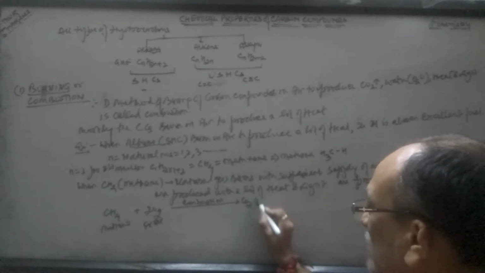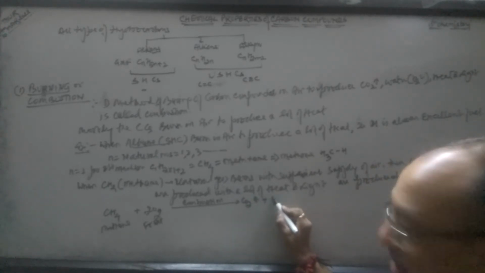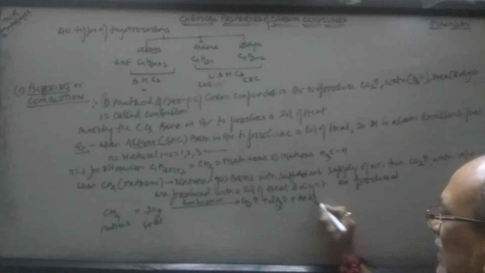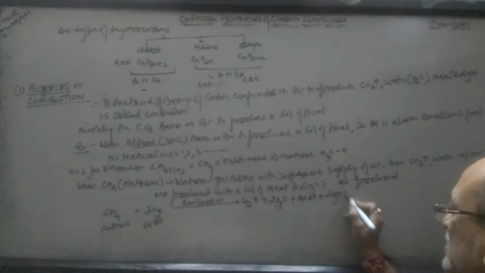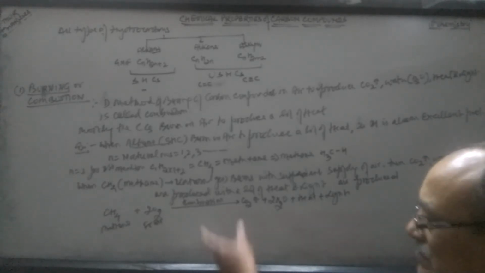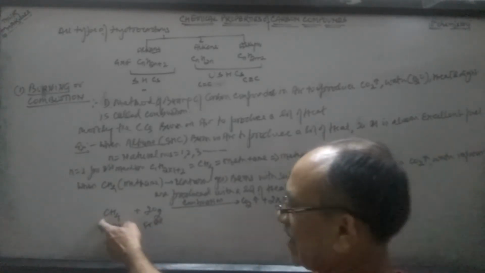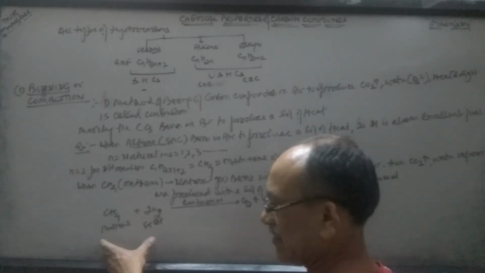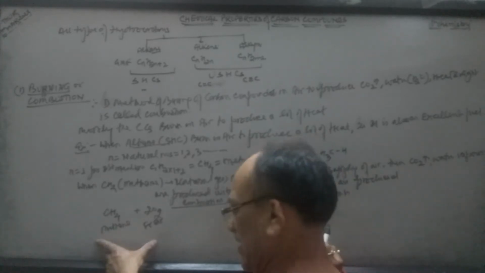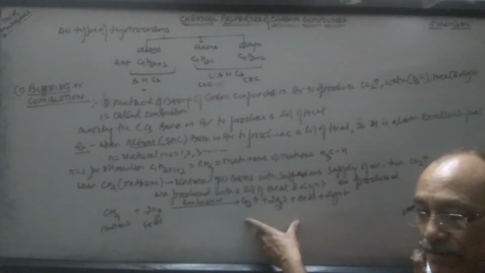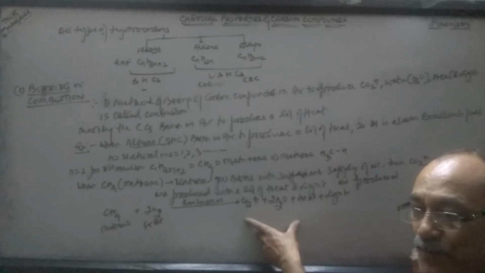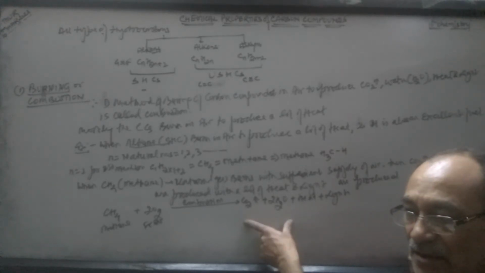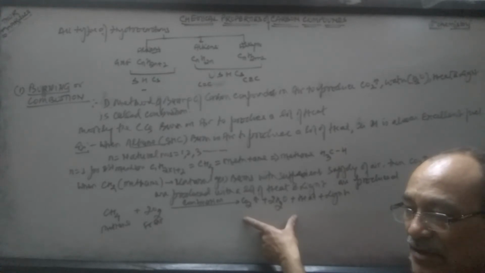So now carbon dioxide gas, two molecules of water, with heat and light, it also produces. In this combustion reaction, the number of carbon atoms, hydrogen atoms, and oxygen atoms, the number of atoms present in the reactants is equal to the number of atoms present in the products.